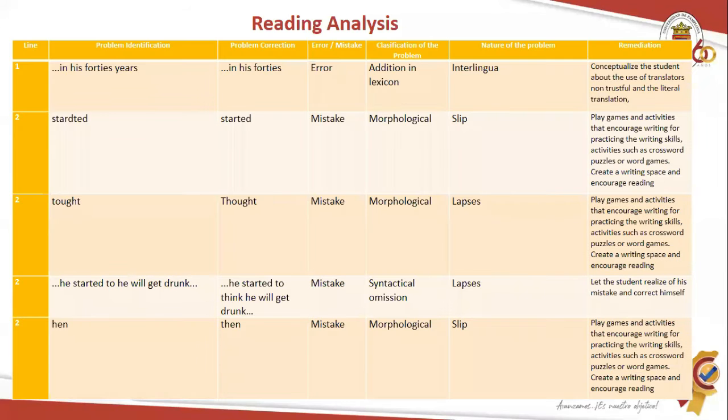Now we're going to jump into the errors. As you can see in the first error we have "in his 40 years." If you try to translate it from Spanish into English, in this specific case, you're going to translate it literally, "in his 40 years," to say "en sus 40 años."